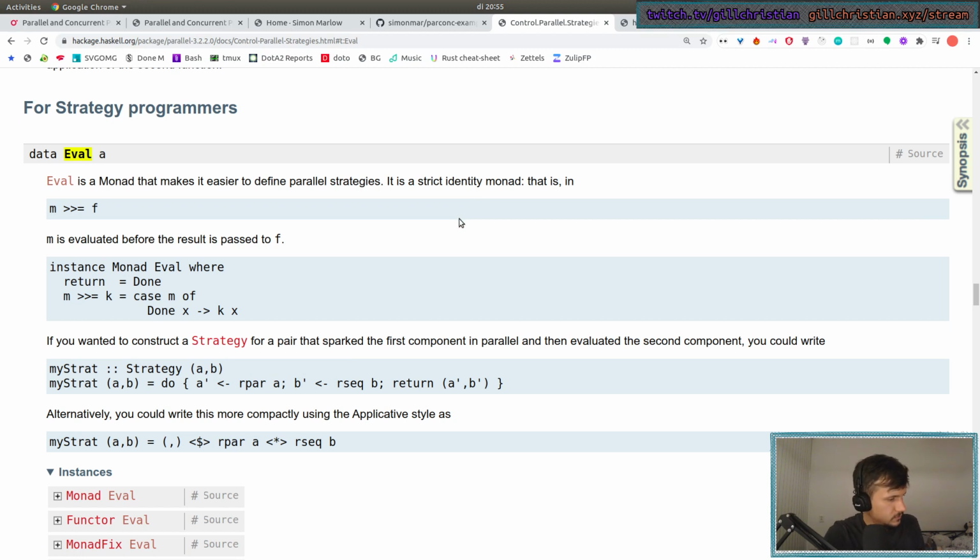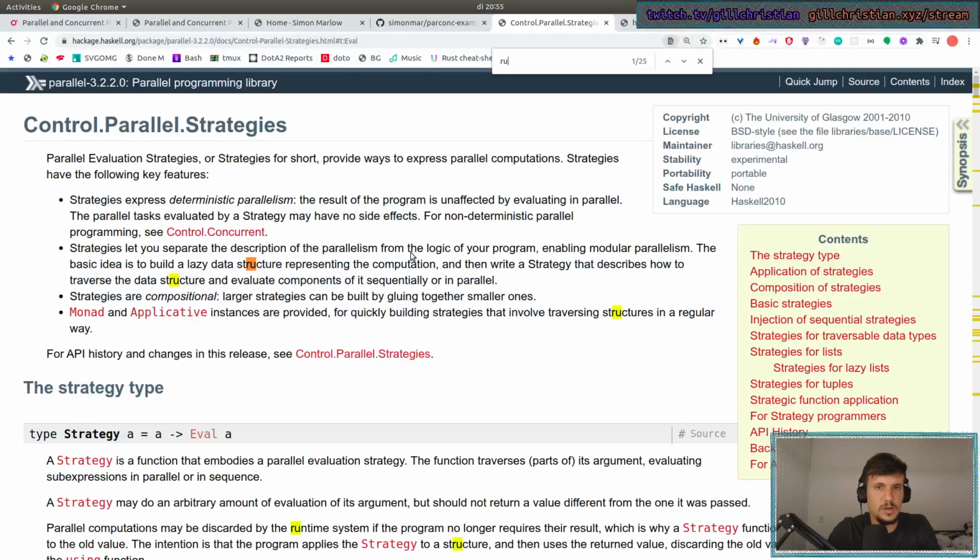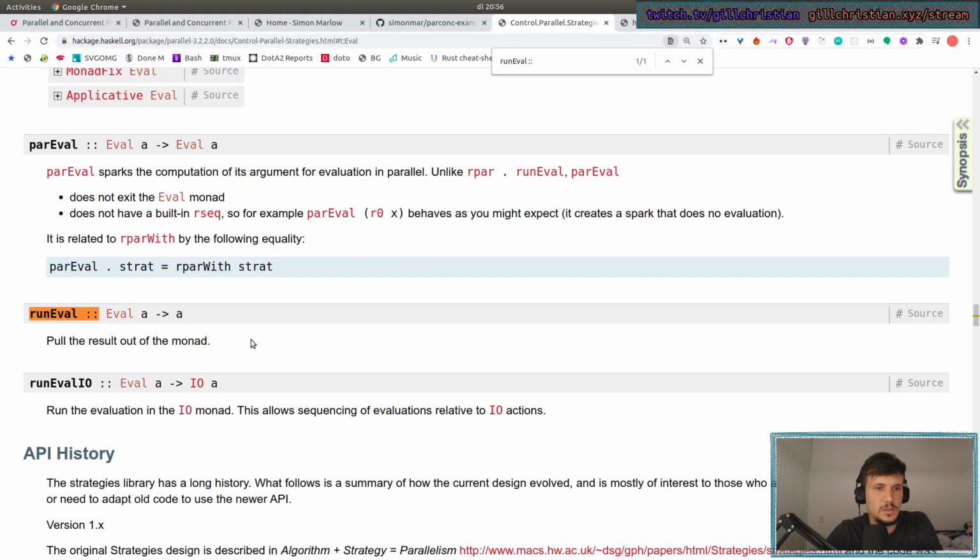And where was I? Okay, so there should be a runEval around here. Yes, so it takes an Eval monad and returns a, and you see that this is all pure, right?